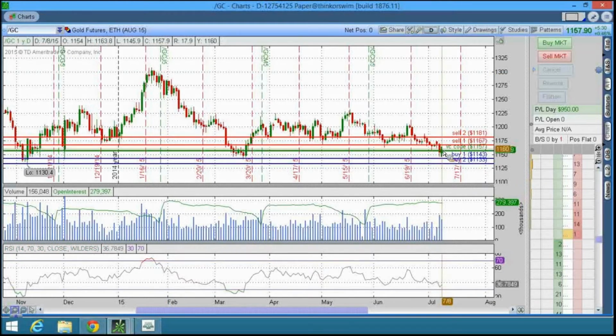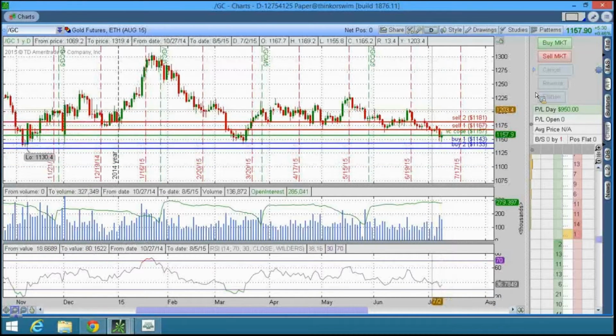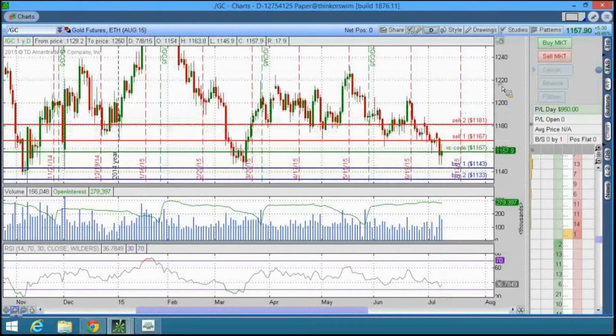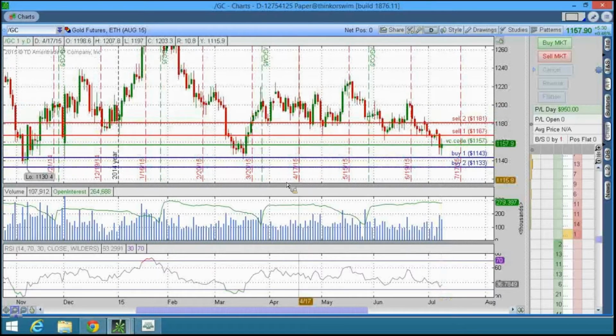But the range has been built upon the support that you clearly see here being defined by the algorithm, by the blue levels that, as I keep saying to you, indicate the highest probability to buy the market.